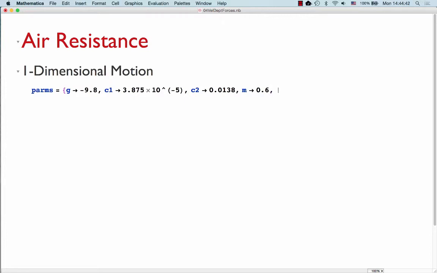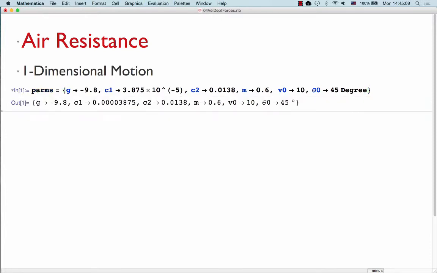Let's say we launch it at 10 meters per second. And then just for later, when I decide to do this in 2D, we'll make the launch angle 45 degrees, but we're not using that bit right now. Okay. All right, so it happily knows all of those.